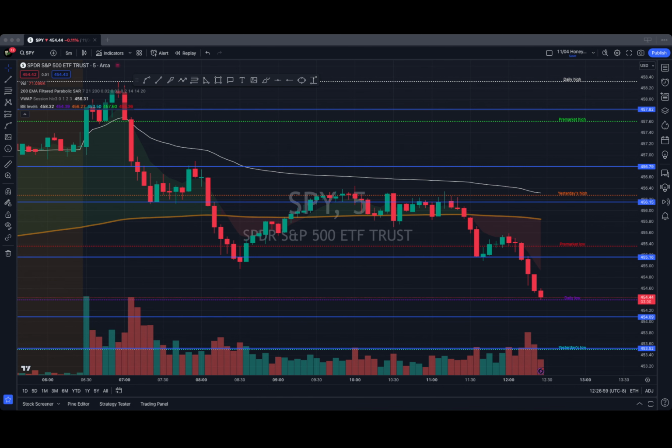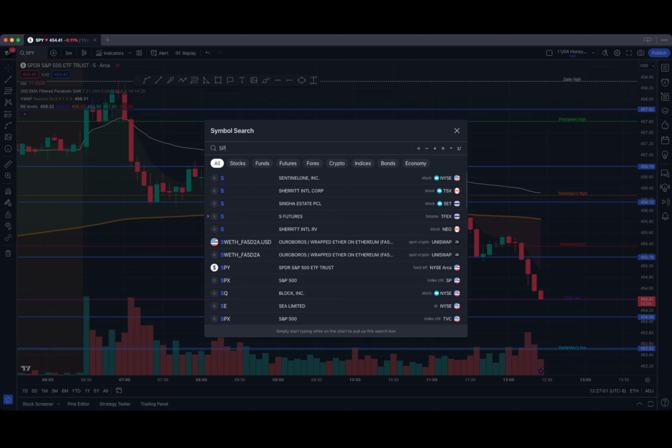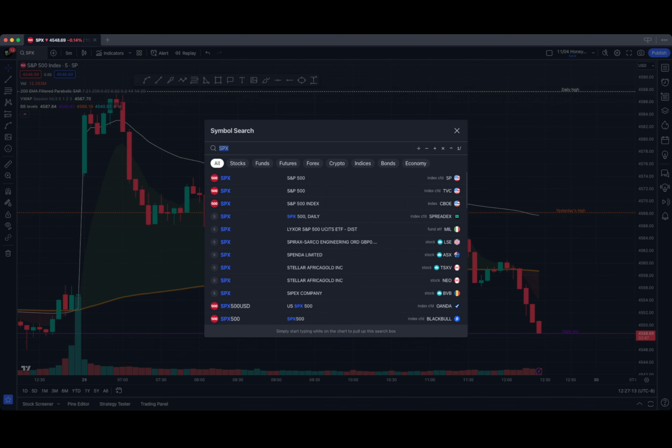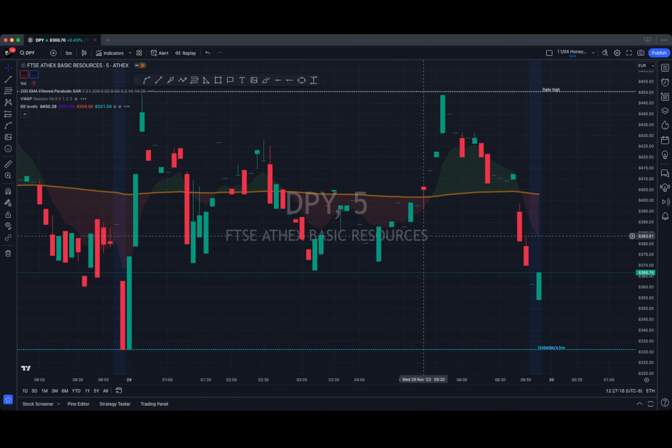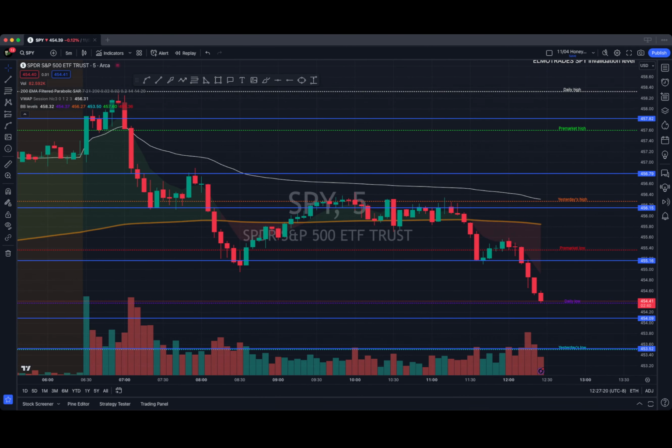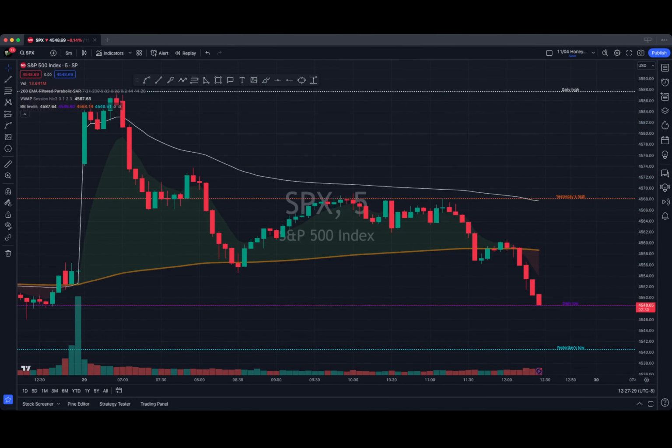SPX must be moving more because I got SPX contracts and they're really flying. Yeah, SPX is moving more than SPY. They're 83% now. Get that rollover. Oops. 96% on these SPX 4550.